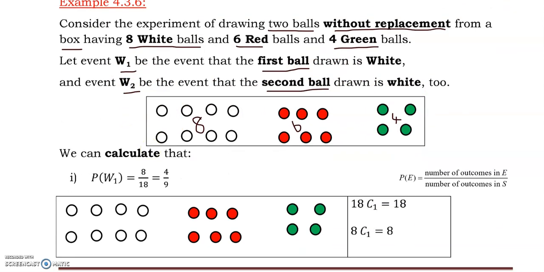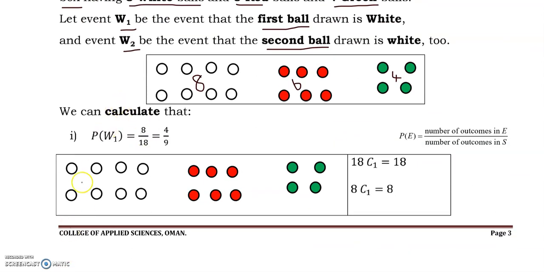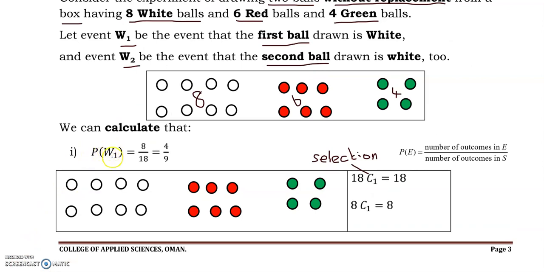Now we can calculate the following values. First one is the probability of W1. That is the probability of first ball white.